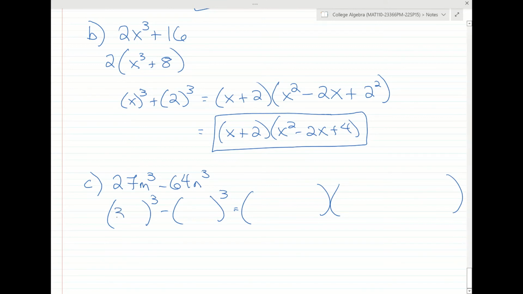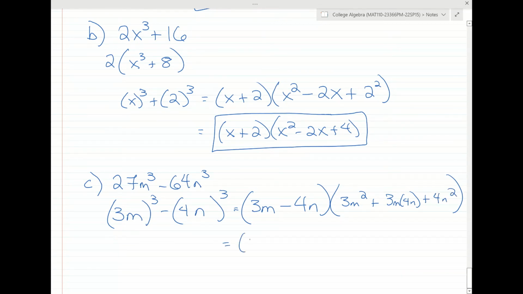So 3 to the third is 27, 4 to the third is 64. We had m and n. Now we're ready to go. So it would be 3m, same sign, 4n. Then we're going to put 3m squared, opposite sign, 3m times 4n, and then plus, always positive, 4n squared.